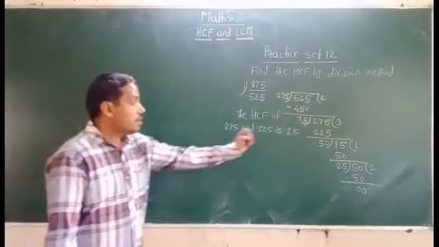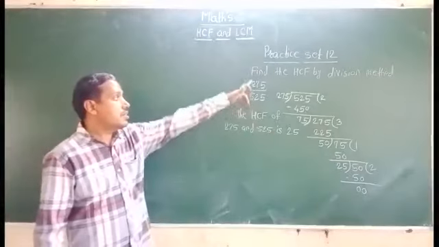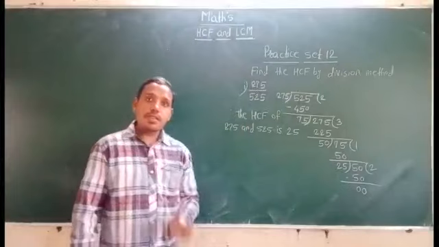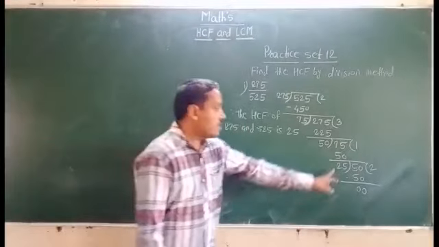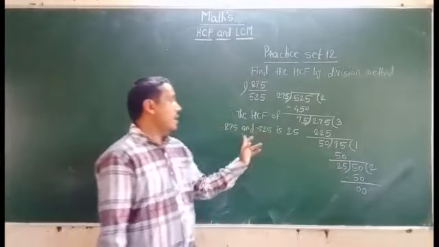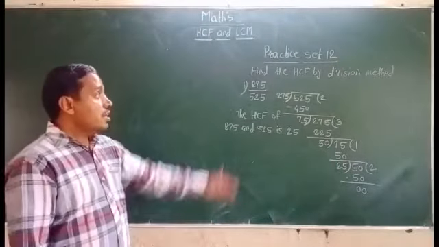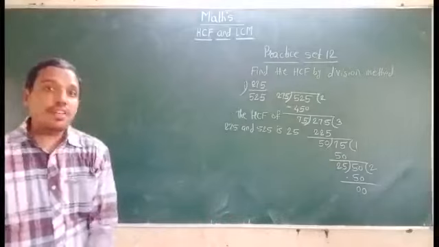That means 25 divides both numbers equally, and that is why the answer is 25. So the HCF is 25. In this way, we find the HCF by using the division method.